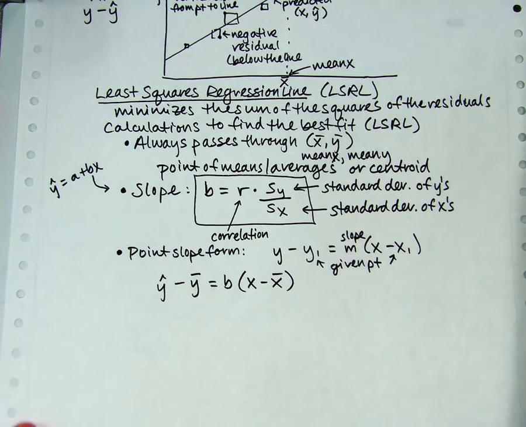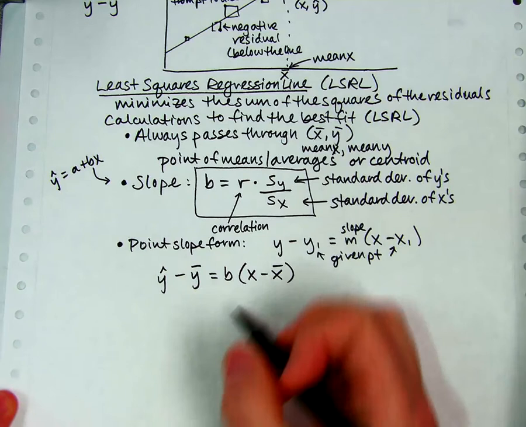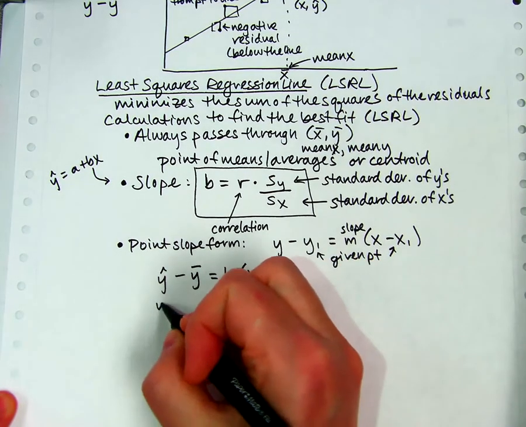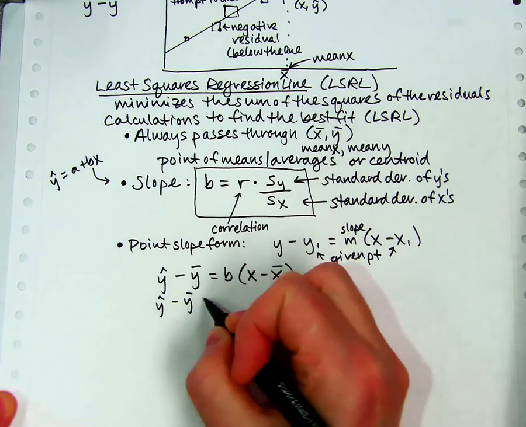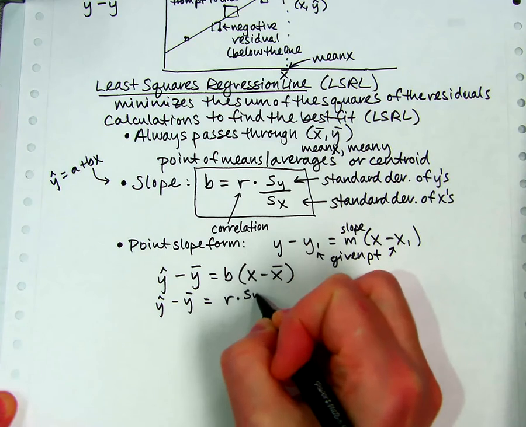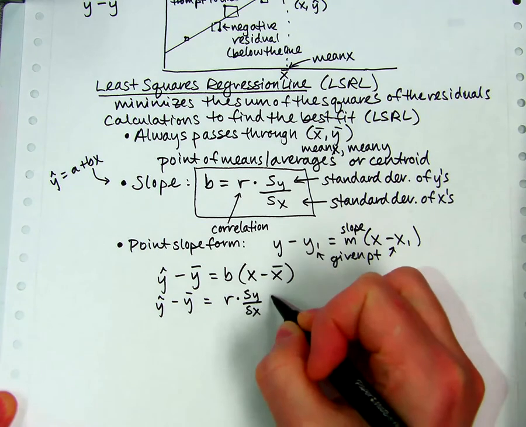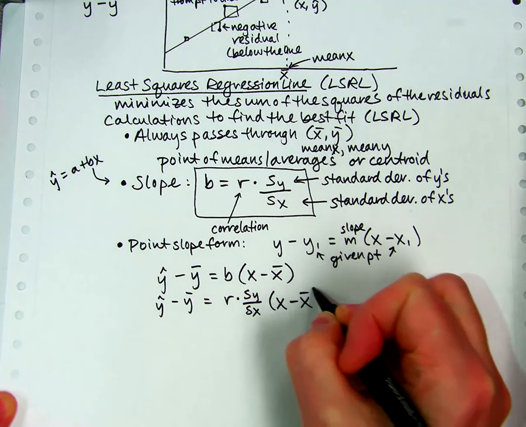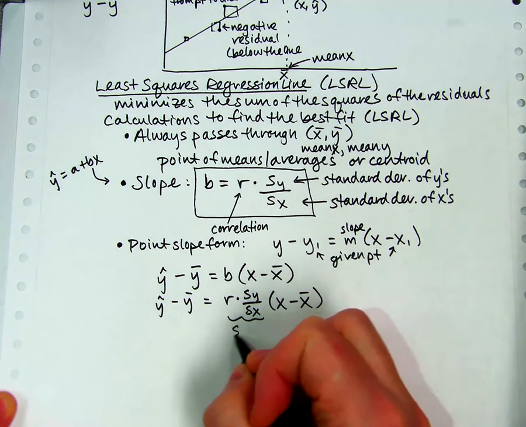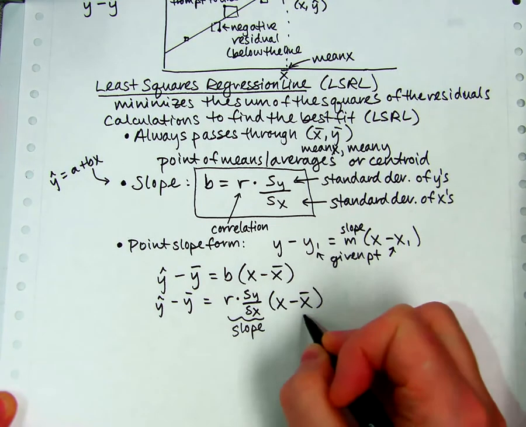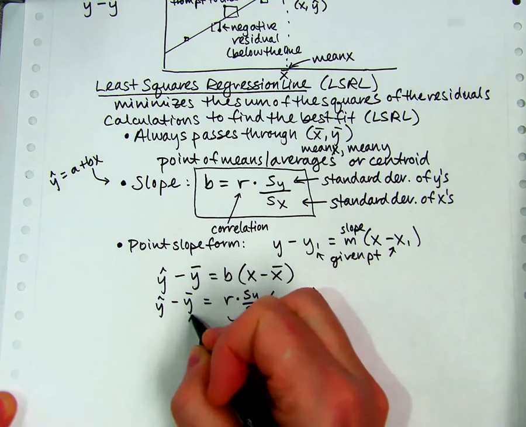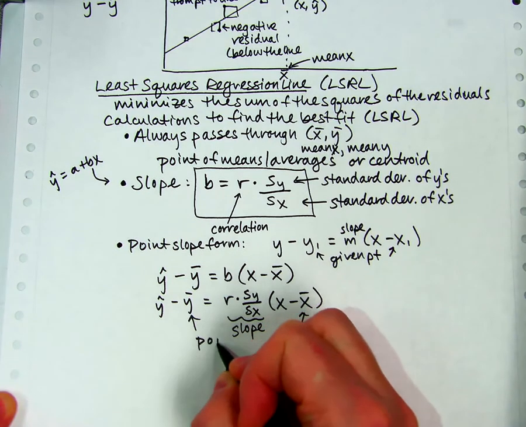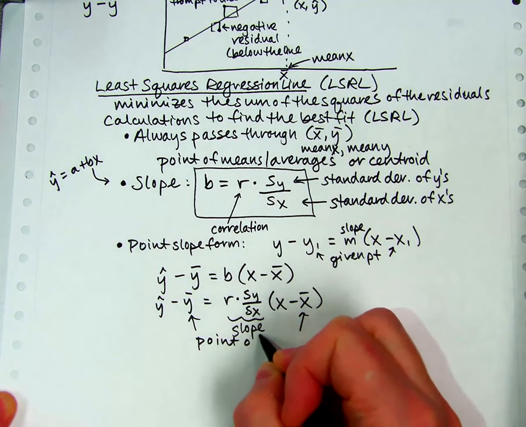That is the official formula for finding that. And remember that b could be replaced by r times sy over sx. That makes it look even more statistical. So this piece is the slope that I just told you how to find. This is the point of averages, or the point of means, that it always goes through.